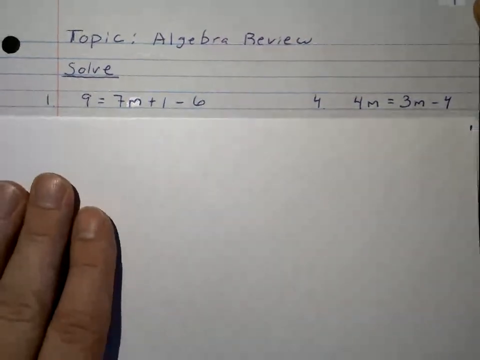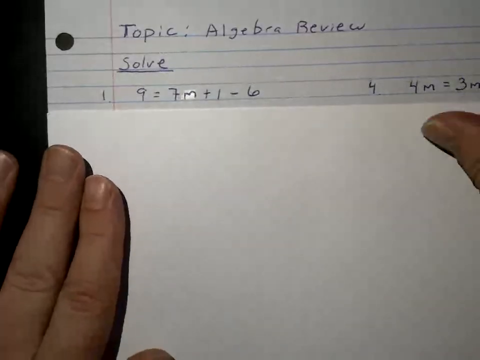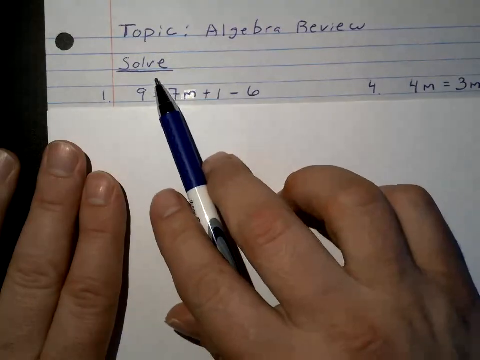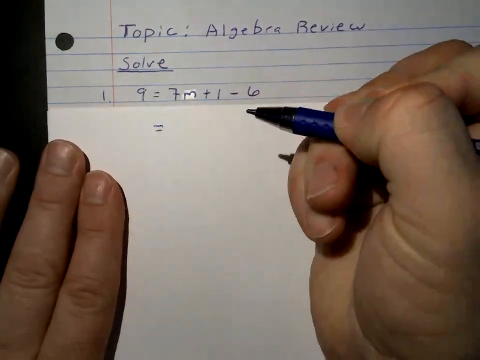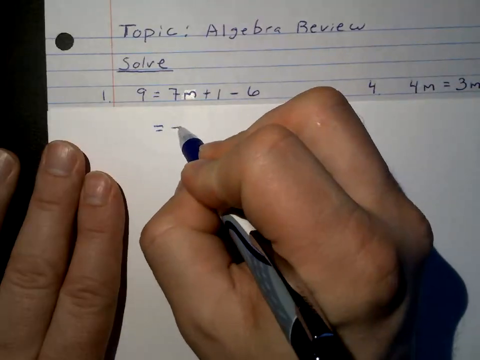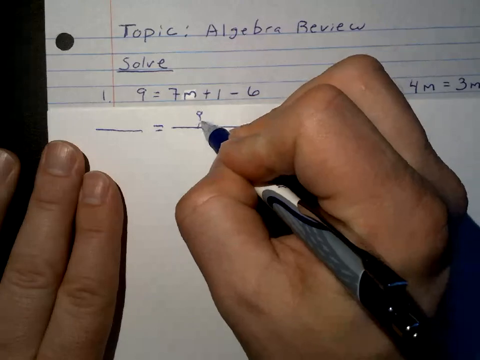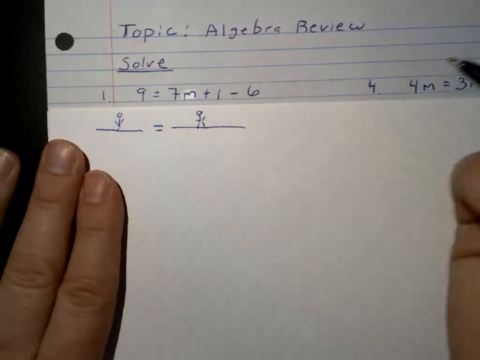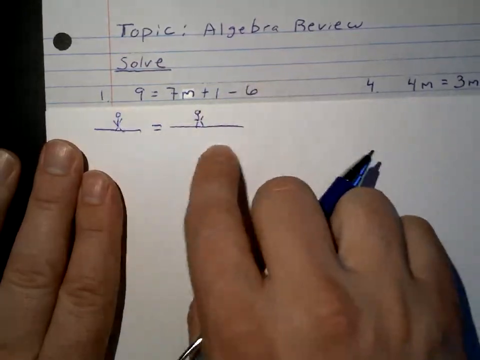On the first one here, I'm going to zoom in and follow this one. When it says to solve, I want you to think about a balance beam. Maybe you have a person on one end and the same person on the other end, so equal people, and this should balance.